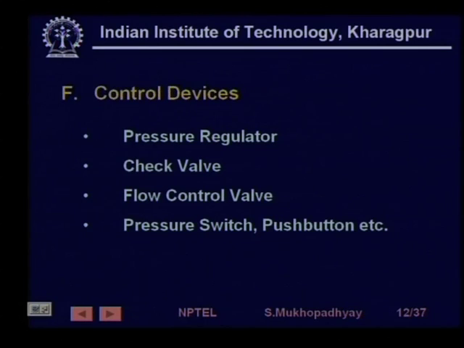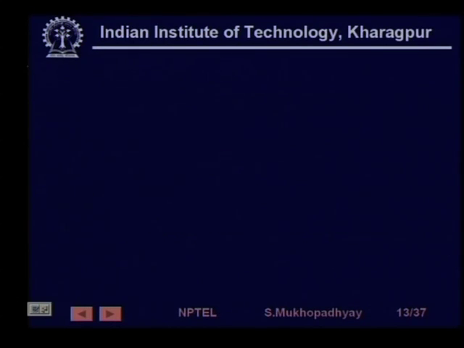Then, if you have feedback control, you can have various kinds of feedback elements like pressure switches, push buttons for operator commands, and of course various kinds of electrical interface devices like I to P converters, for interfacing between electrical systems and pneumatic systems.